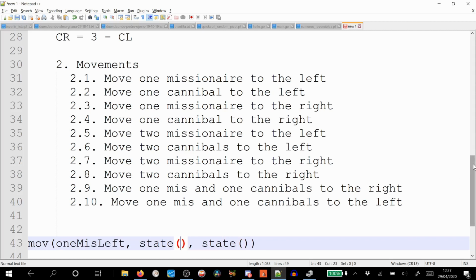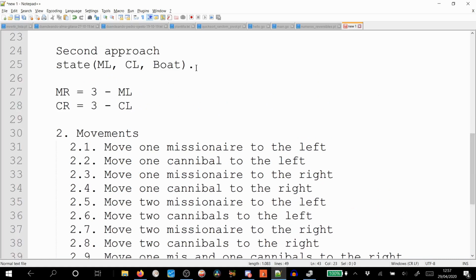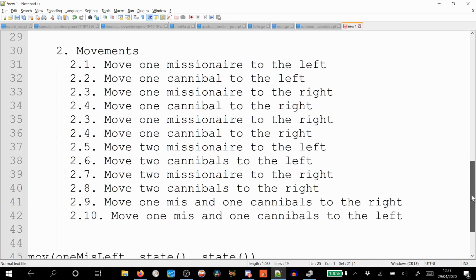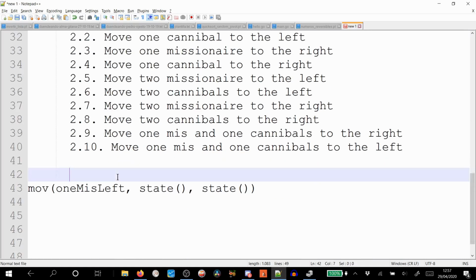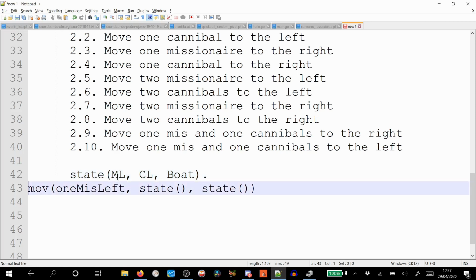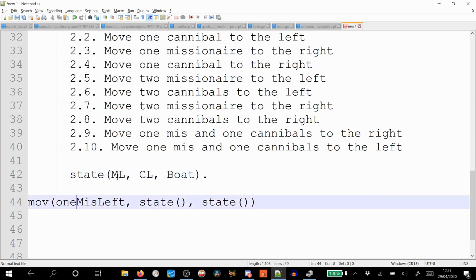Think about our state. This is our representation for the state. What will be the state before? A number, no? Any number. I don't know how many. Missionaire to the left and cannibal to the left.